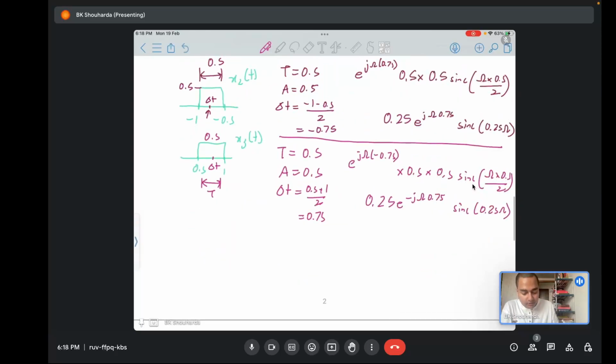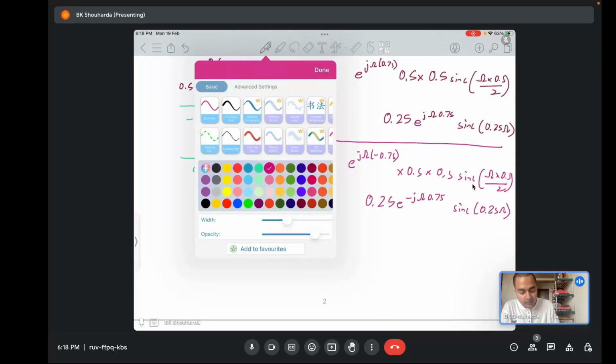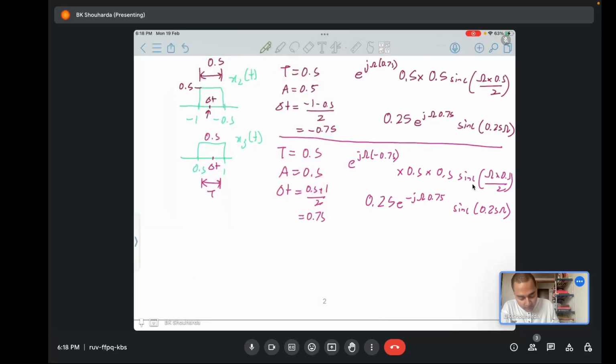Another way in which you could have solved this without scratching your head was that x3 of t is x2 of minus t. Look at this very carefully. What was my x2 of t? x2 of t looked something like this.